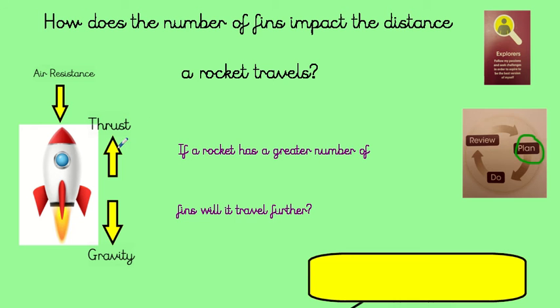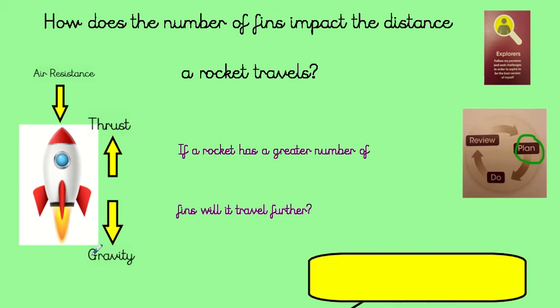Okay, so thrust then is the force that pushes or pulls an object into motion. In this case, a chemical reaction happens which creates a gas which thrusts the rocket up into the air. Gravity is the opposite force which pulls the rocket towards the centre of the Earth.